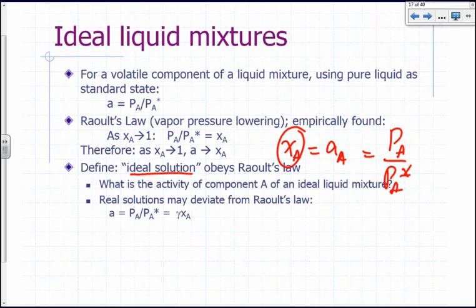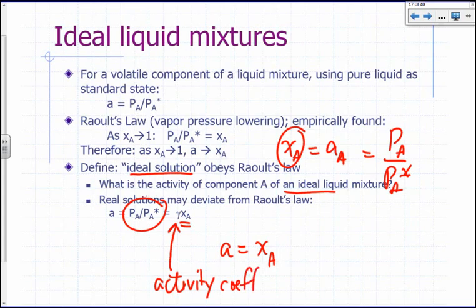What would be the activity of component A of an ideal liquid mixture? The activity would just be equal to the mole fraction. If it's ideal, that's the definition. Now, real solutions may deviate from Raoult's law. So if you measure the activity by measuring PA and PA star, you might find that it's not equal to X of A. So we introduce a correction factor, gamma, and that gamma is what we call the activity coefficient.